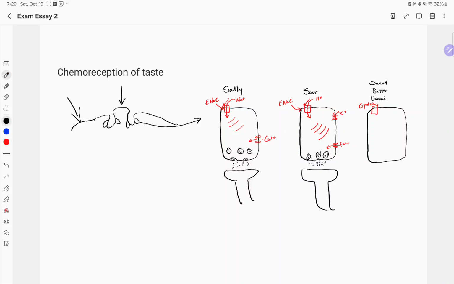And that ligand, it depends. If it's sweet, it's going to be a carbohydrate of some sort. If it's bitter, it's going to be a quinone. And if it's umami, it'll be glutamate.